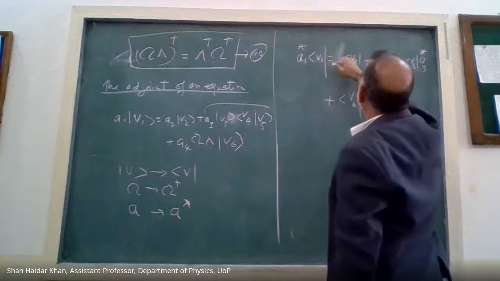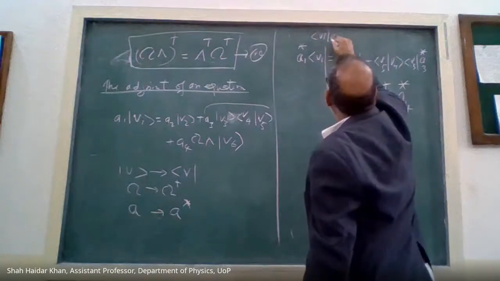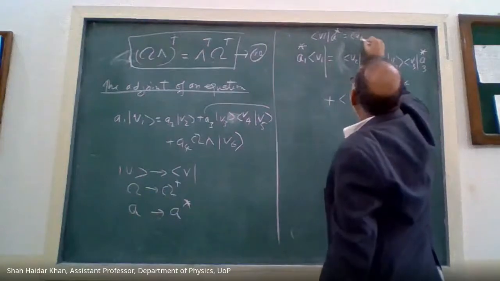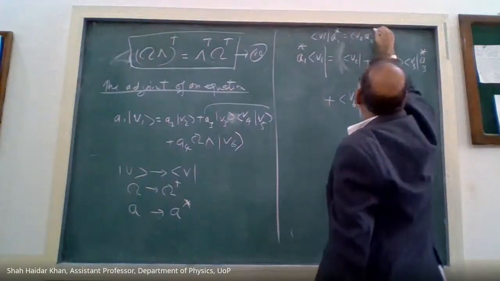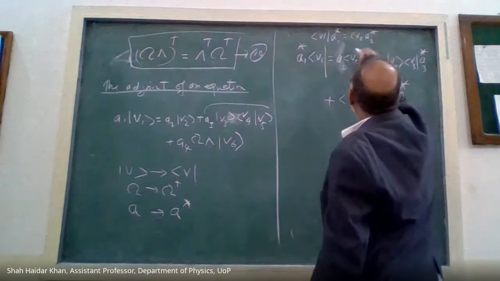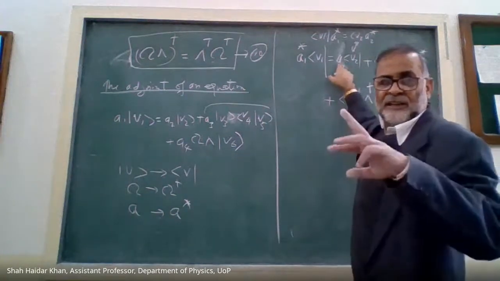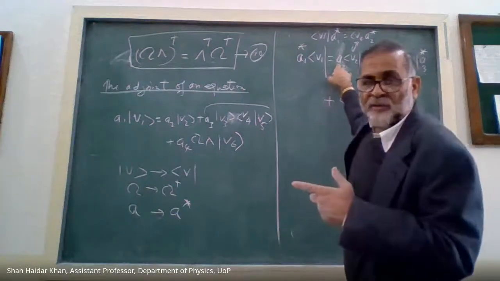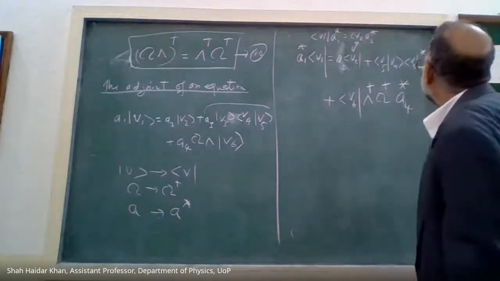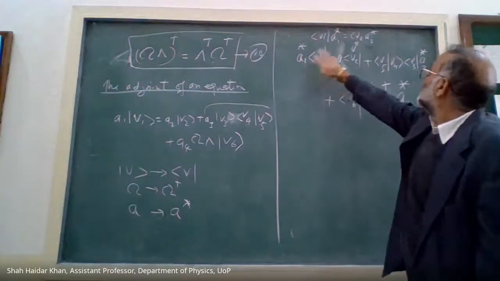If you put it to this side, it can be written the same way: V1 A star is equal to V A1 star, A2 star, or this. These are the same because this is just a complex number and it does not matter where you put it in the product. So you can write it this way or this way, the same.